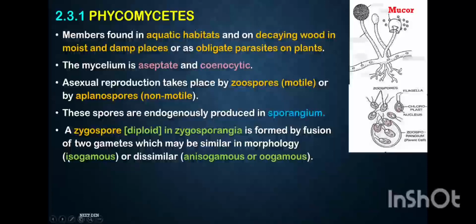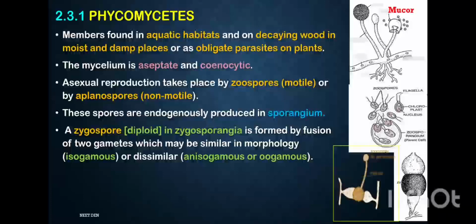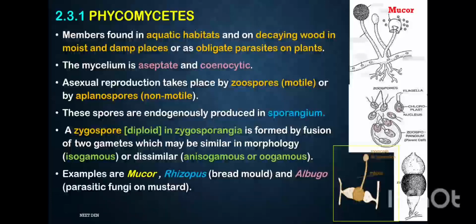The gametes or hyphae, which are haploid, may be isogamous, similar in morphology, or they may be anisogamous, different in morphology. So this is a zygospore, and it ultimately gives rise to haploid spores. Examples of Phycomycetes are Mucor and Rhizopus.